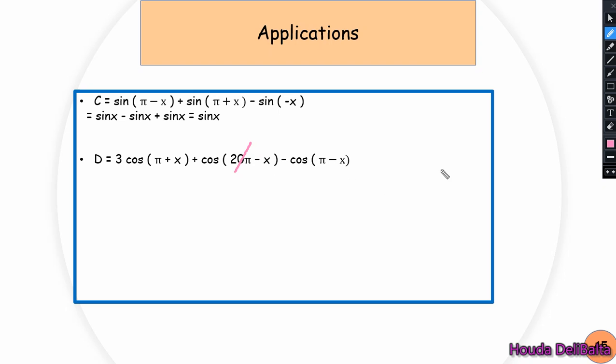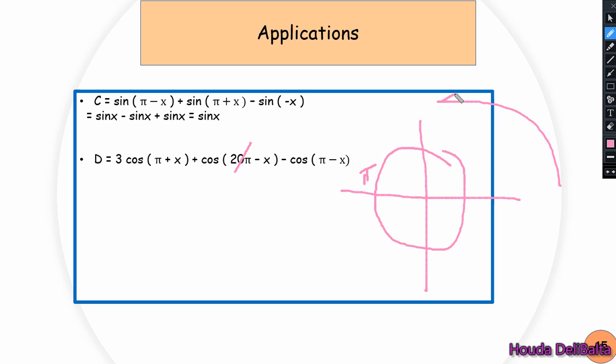Now let's use the help of the circle again. I want you to be so confident about solving these examples and these exercises. Now again, here is pi, and don't forget, here is the positive sense that way, and that way is the negative sense. Now I need to move pi plus x.